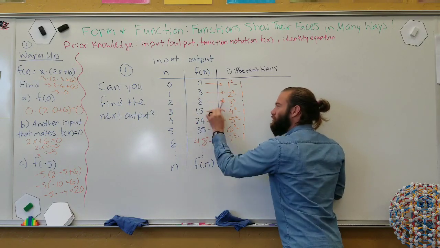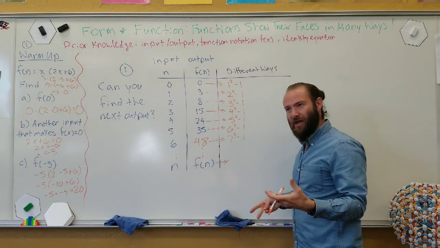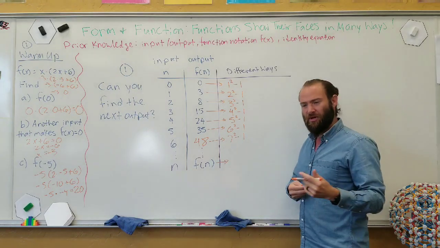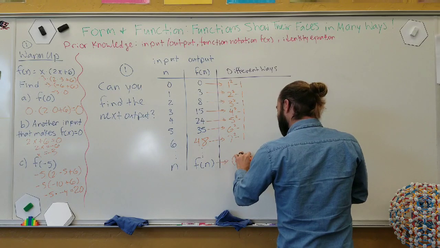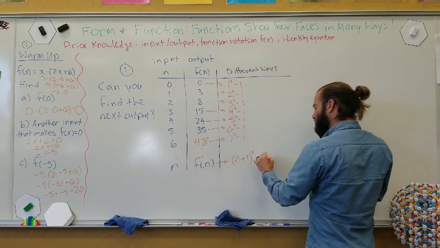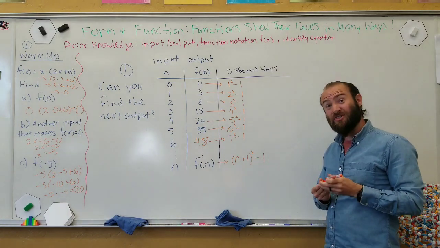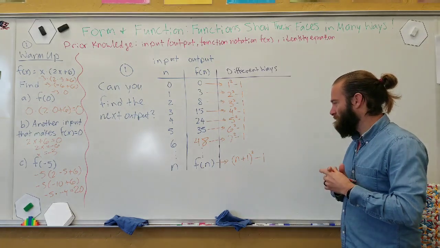That squared number is always 1 higher than the n I'm on. So it seems like I'm squaring 1 more than the input. Okay, that's saying a lot, but 1 more than the input, if I'm squaring it, and then all these are just subtracting 1 off the end. So there's another way to see that function, actually.